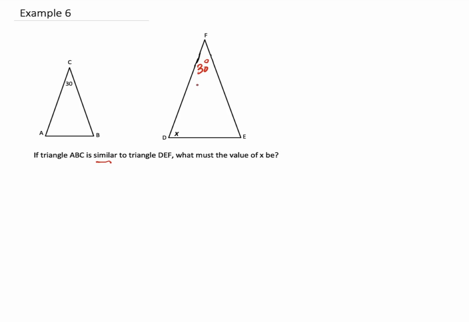All the angles sum to 180, so we're going to deduct 30 from 180. 180 minus 30 is 150. So this 150 degrees is the sum of the two remaining angles.